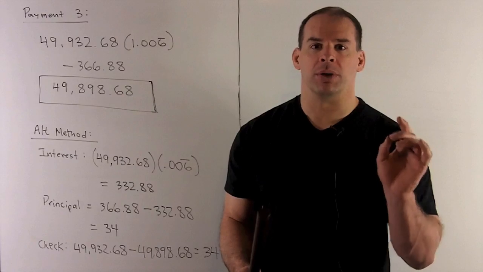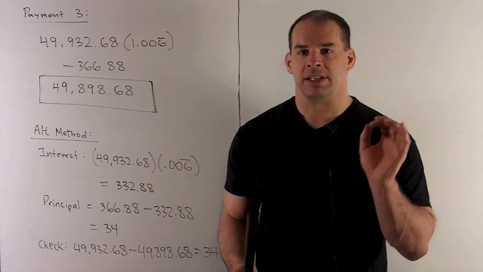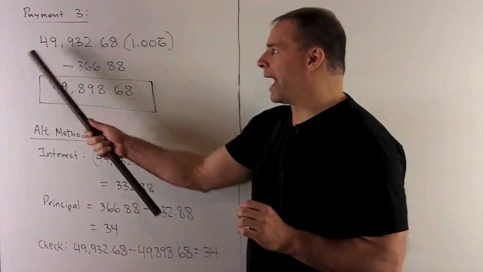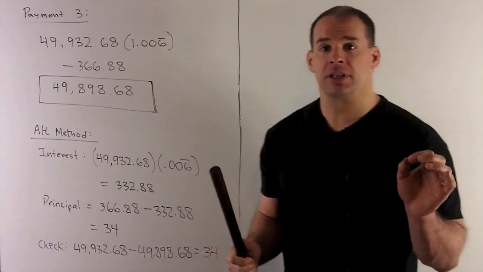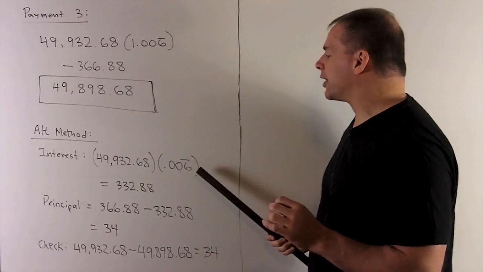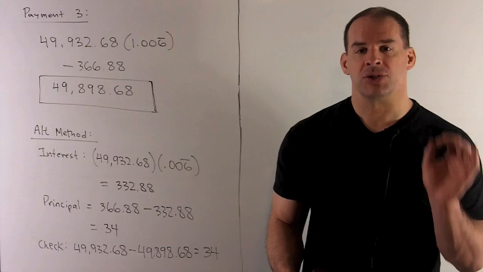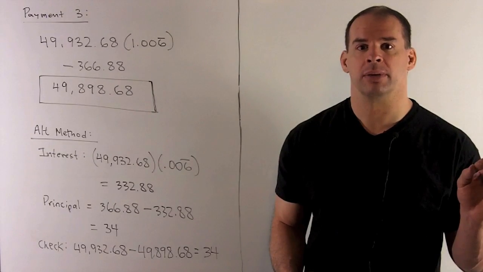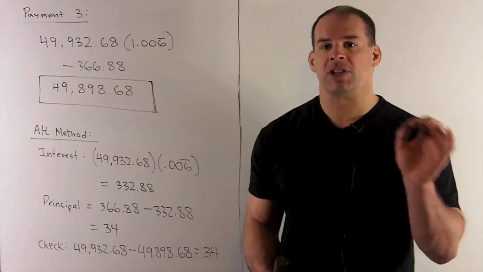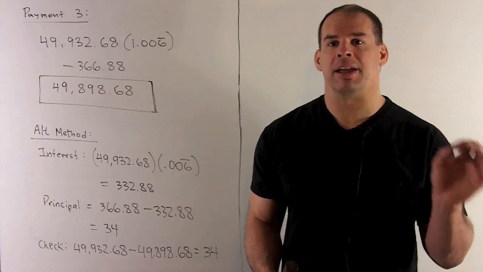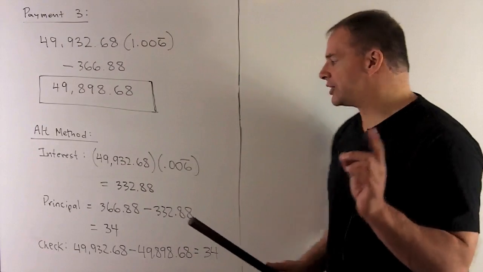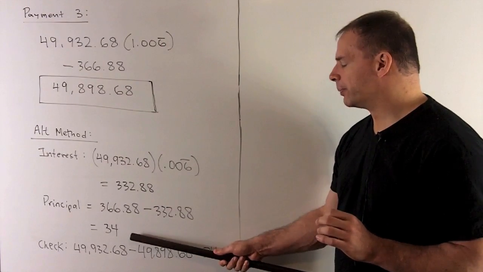So first, we'll compute the interest paid. To get that, we take our balance before we apply interest, multiply by the interest factor. It gives me $332.88. So that's how much we paid towards interest. So the amount towards principal is just going to be the difference in the payment and the interest payment. So that's just going to be $34.